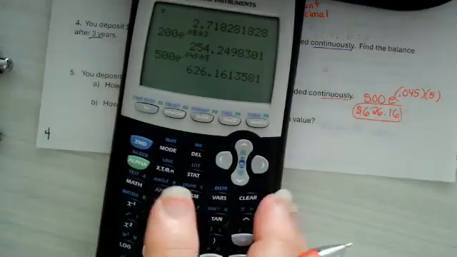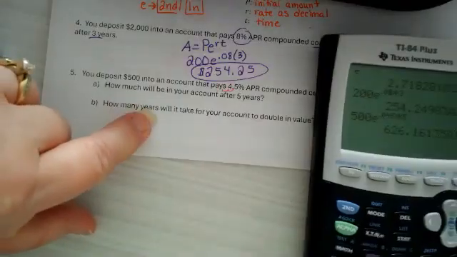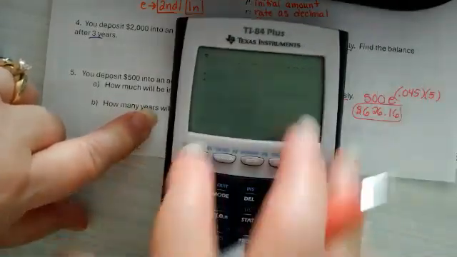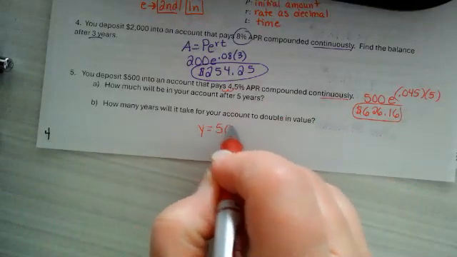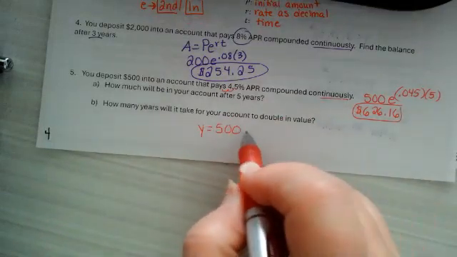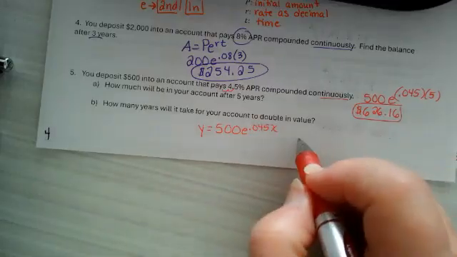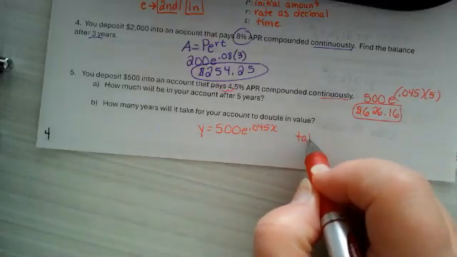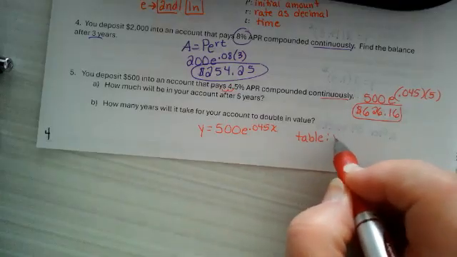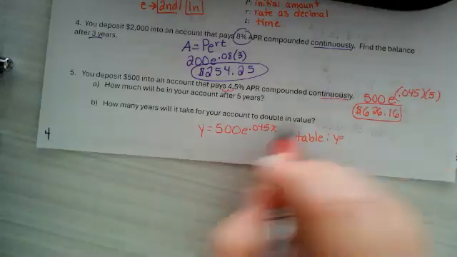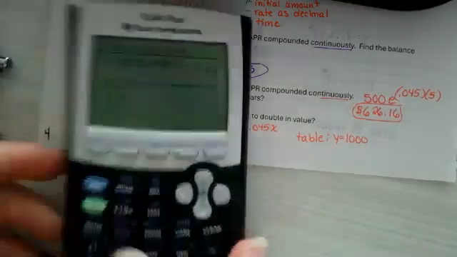All right, we got a ways to go before that's going to double. So I know it's more than 5 years. So we're going to do the same thing we did on the previous questions. We're going to plug this into y equals, and I'm going to type in 500 e to the 0.045x, and then I'm going to check my table to look for y equals, they wanted to double, so 1,000.